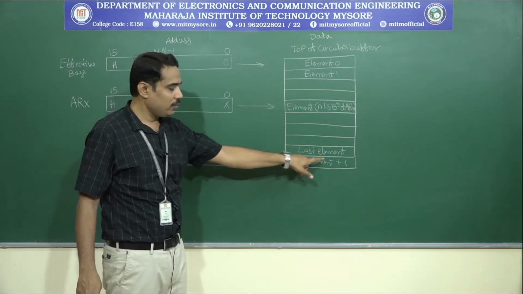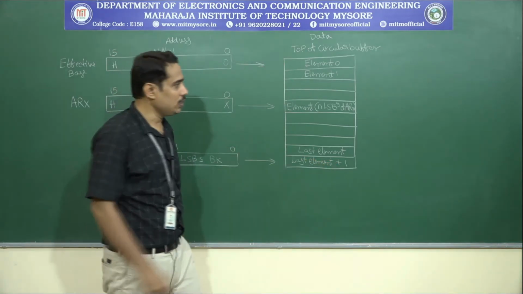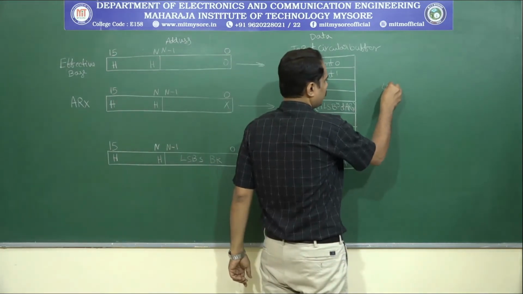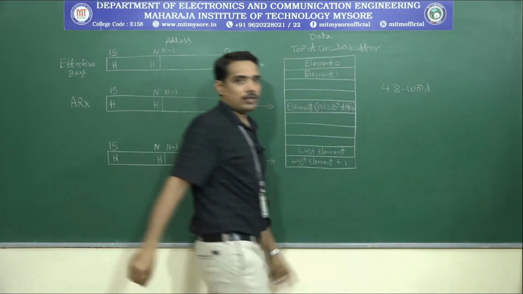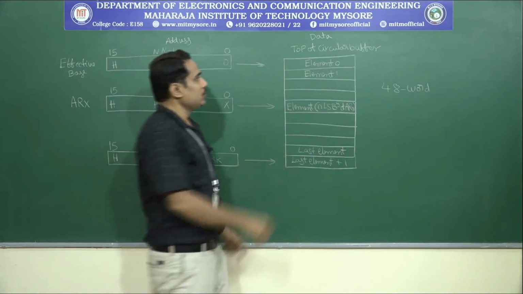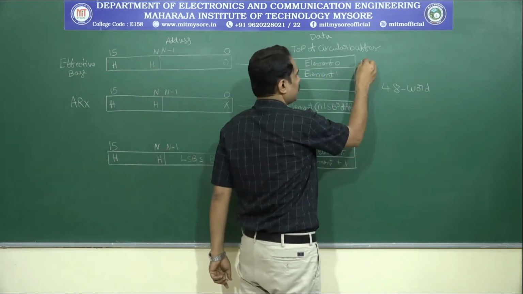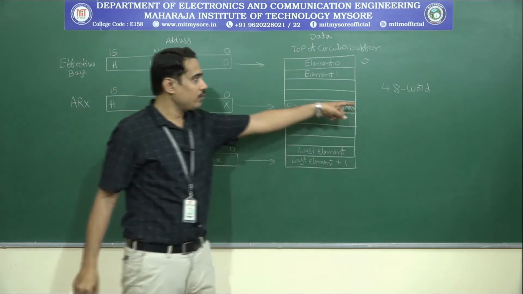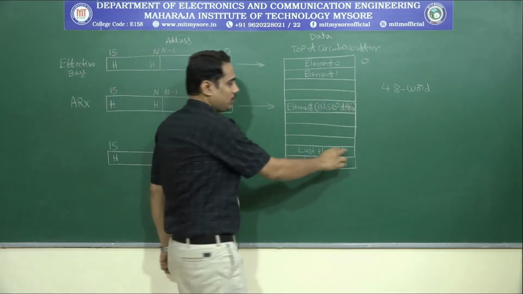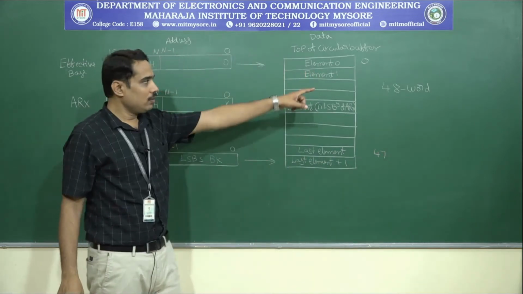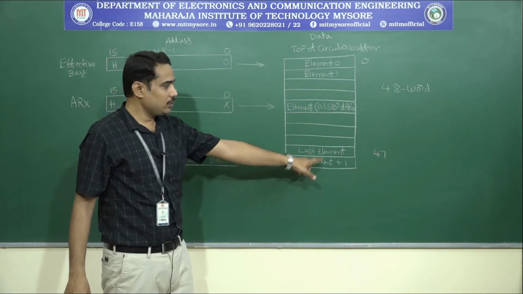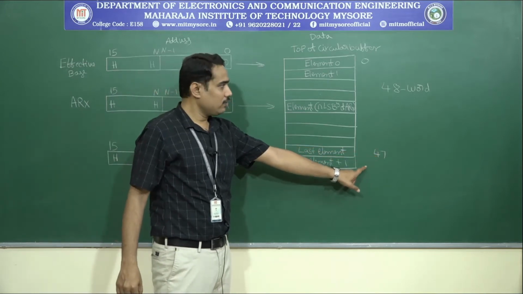Then the last element plus 1 refers to, for example, the 48-word case we have seen. 0 is the first item for 48, and the last element becomes 47. Even though we have 48, the last element is 47, not 48.